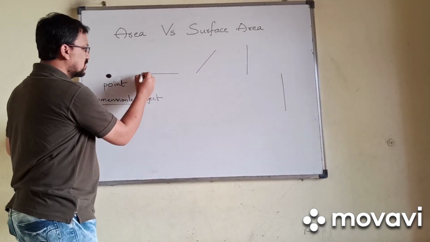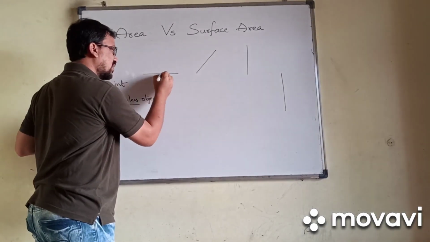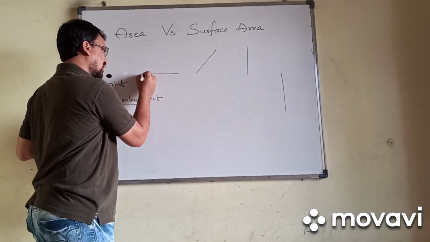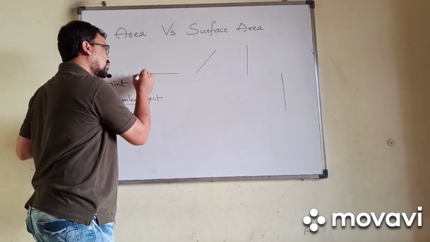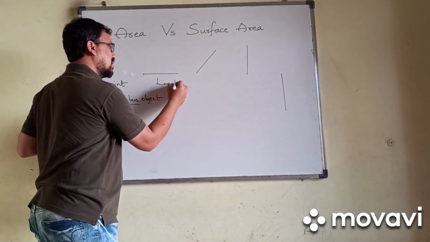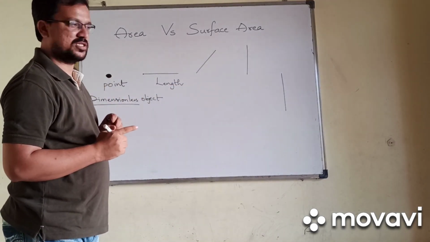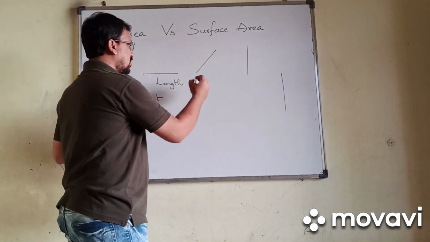What about this? This line segment is like this. It has one direction. Suppose it starts from here, it is going in this direction. It is called a length. It is a unidirectional object.